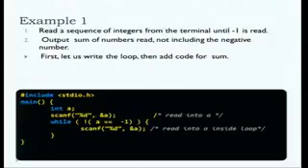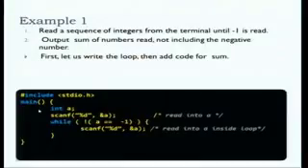Let's first introduce a very simple loop which will do only the basic thing of reading the numbers until a -1 is encountered. So how do you write the loop? You have stdio.h, and then you declare an integer variable and read the variable. This is supposed to be the first number. If that number is -1, then you don't have to read any more numbers.